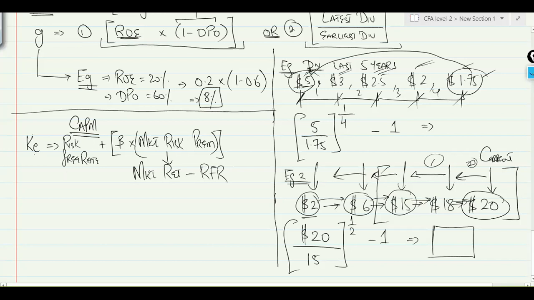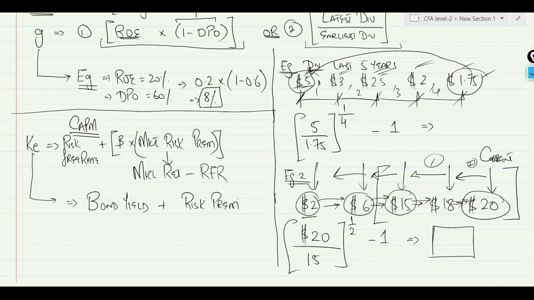Another way to compute cost of equity is bond yield. Take the bond yield plus add a risk premium to it. Bond yield does not have enough return on it as compared to equity, because its risk is lower. So you add a risk premium on it, then also you can compute cost of equity.